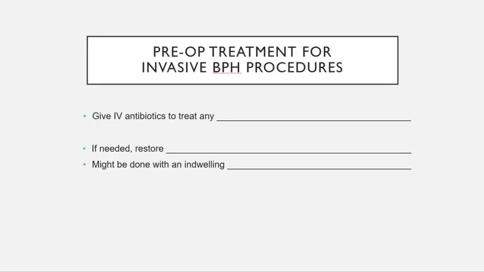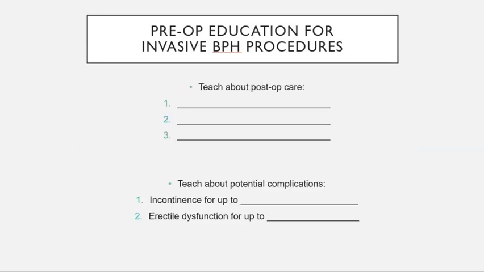Before your BPH patient has any of these invasive procedures, we want to give them IV antibiotics to treat any infections before the procedure. If needed, we want to restore the urinary drainage, and that might be done with an indwelling catheter. You also want to do some pre-op education for these invasive procedures.